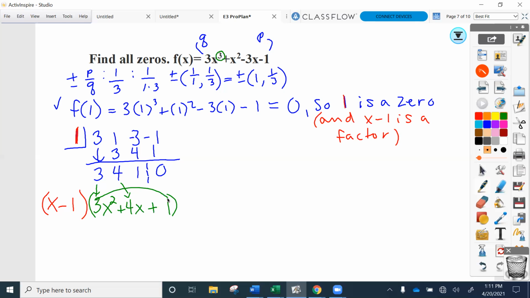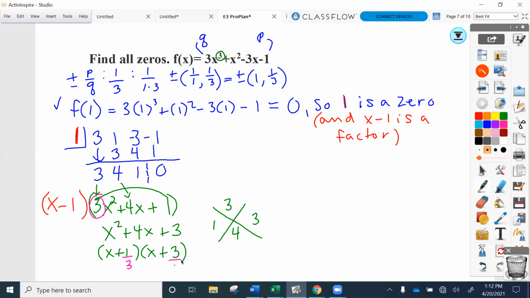So we're going to bring this 3 back to the 1 and pretend for a minute that we're factoring x squared plus 4x plus 1 times 3, or 3. So factors of 3 that add up to 4 are 1 and 3. So this can be temporarily factored like x plus 1 and x plus 3. But remember, we slipped the 3, so we got to slide it back into the problem.